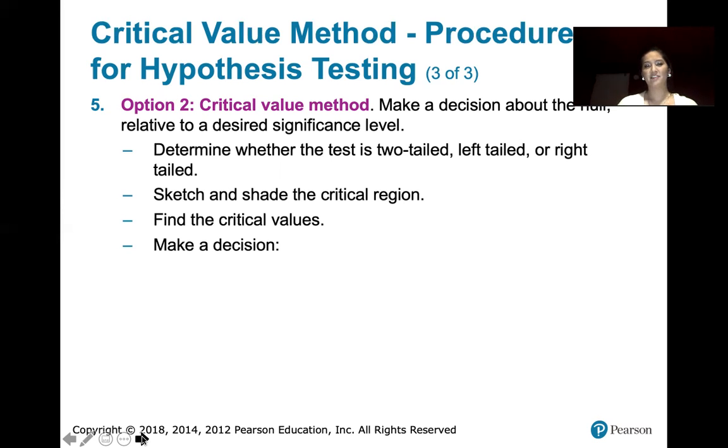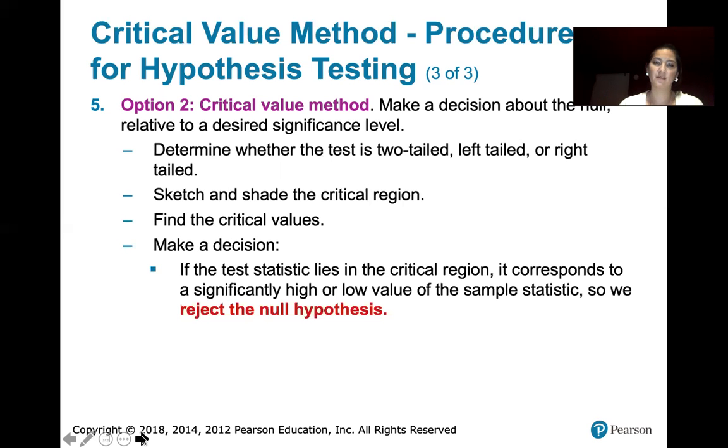And then we're going to make a decision. Now remember, with the critical value method, we're comparing z-scores. So we're going to compare critical values of z to a test statistic, which is also a z-score. If the test statistic lies in the critical region, which means that the absolute value of that test statistic is greater than the absolute value of the critical z-value, then it's farther out in the tails than those critical z-values are.